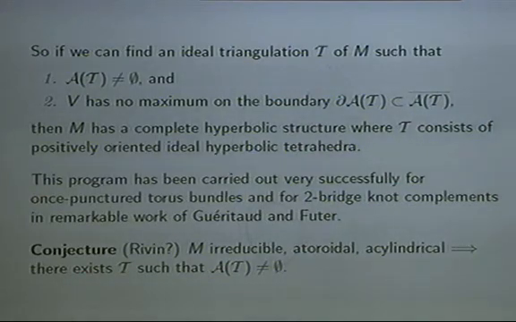So if the volume has no maximum on the boundary of this space of angle structures, then the maximum occurs at an interior point, and this theorem shows it must give you the complete hyperbolic structure. And this comes from a positively oriented ideal triangulation.